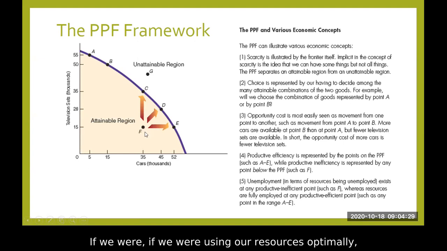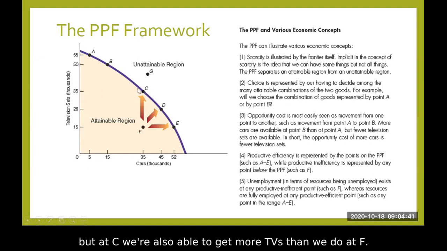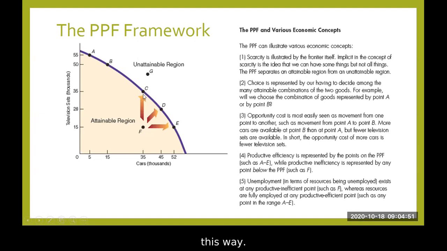If we were using our resources optimally, instead of being at F, we could go up this way and be at C, where we have the same number of cars at F and C, but at C, we're also able to get more TVs than we do at F. So F is inefficient because if we were using our resources efficiently, we should be able to get more TV sets going up this way. Or going across this way, we should be able to get more cars.